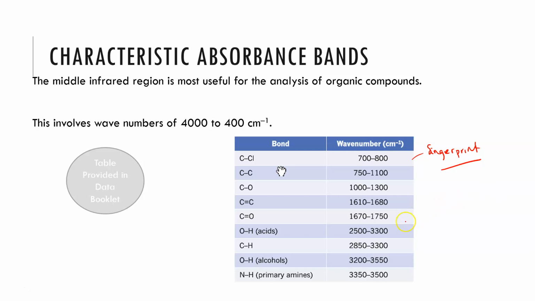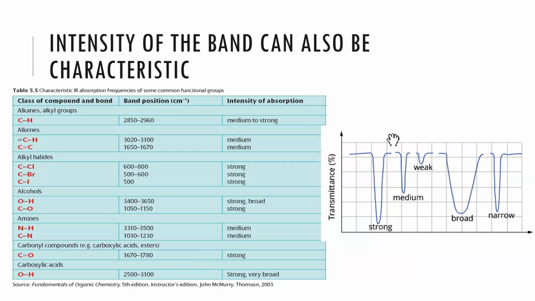C=O, which we would see if we were looking at aldehydes, carboxylic acids, ketones, can be very useful for helping us to characterize a molecule. OH acids at 2500 to 3300, and OH alcohols, which are a little bit higher at 3200 to 3550. These are the key ones, the ones that are listed in the data booklet. You don't need to memorize them. They just expect you to be able to apply this knowledge.